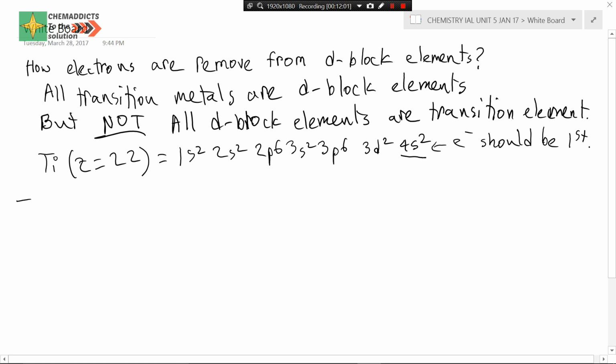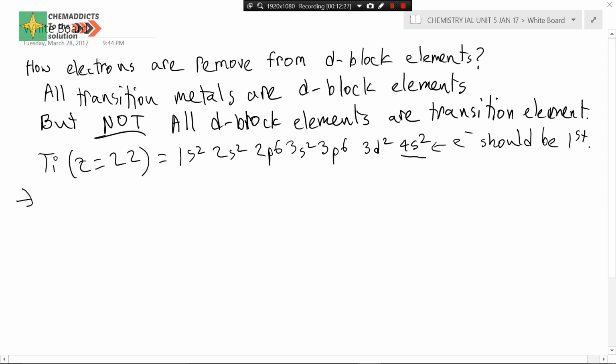So why should this be the case? Let's see. Losing all the 4s electrons makes the ion smaller. If we lose all the 4s electrons, the ion becomes smaller than its original atom.